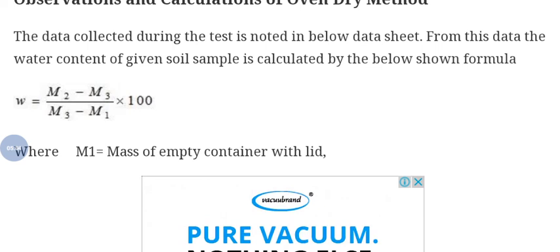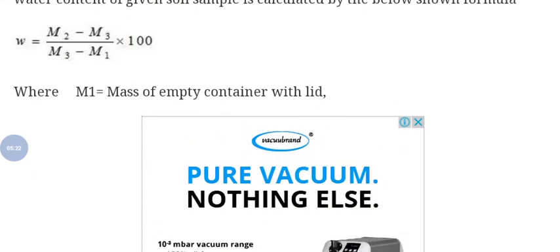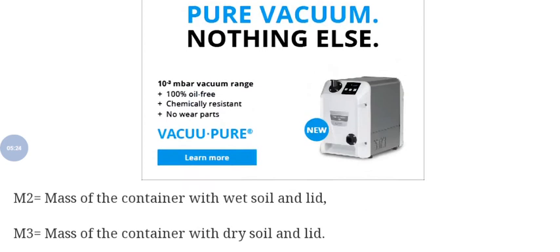Here the weight of moisture present in the soil can be found by M2 minus M3, M2 being wet soil and M3 dry soil mass, and the mass of solid can be found by M3 minus M1, that is dry soil minus weight of the container. Using this formula you can find the percentage of the water content in the given sample.